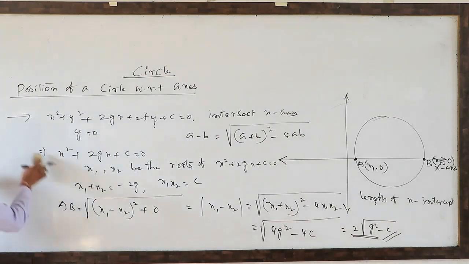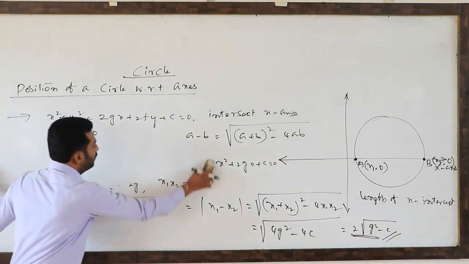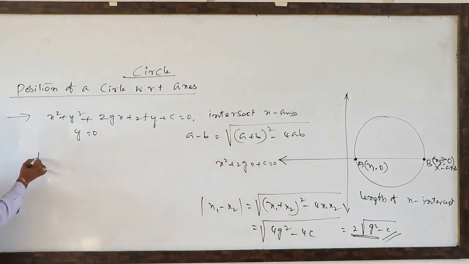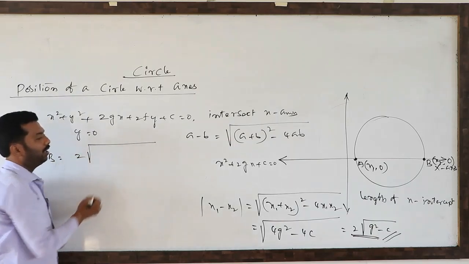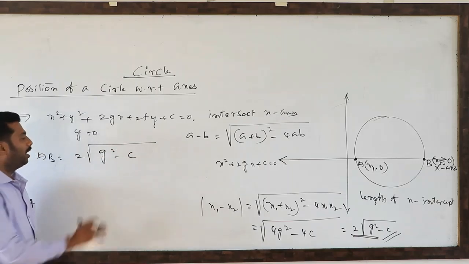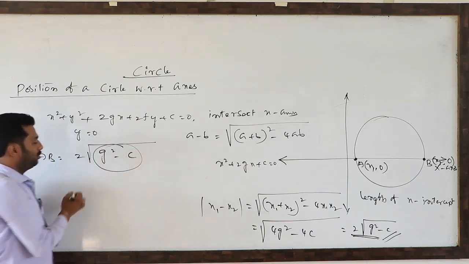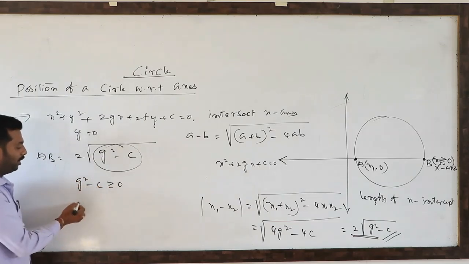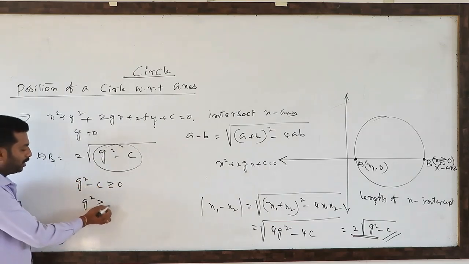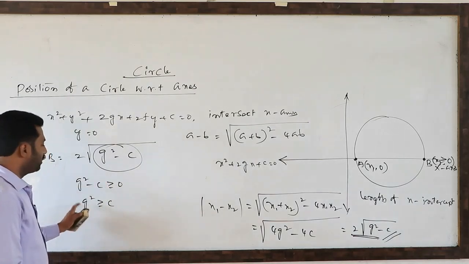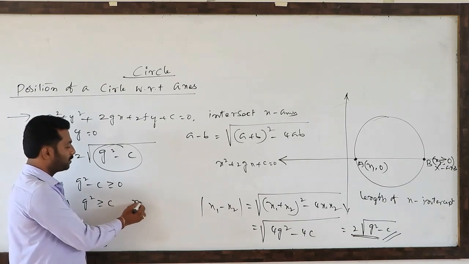So one point we have to identify: the length of the x-intercept, that is AB, is equal to 2 into root of (g square minus c). The expression under the root must be non-negative, meaning g square minus c is greater than or equal to 0, so g square is greater than or equal to c. So what is this condition? The circle meets the x-axis.